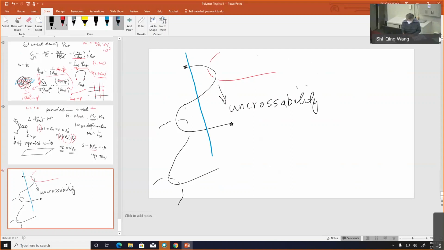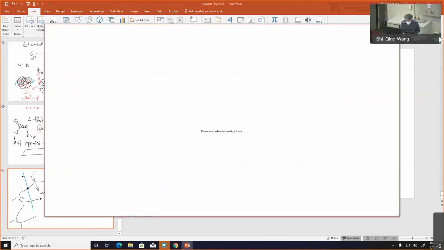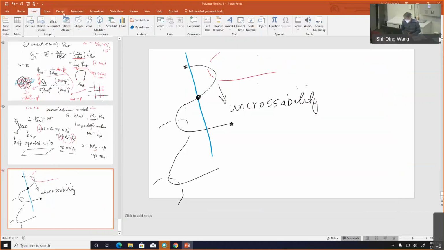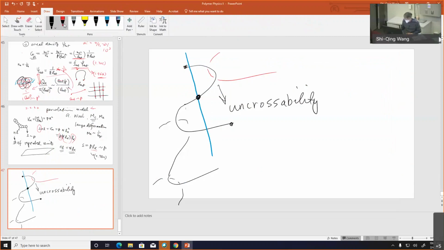So what does this mean? They are basically going to cross.